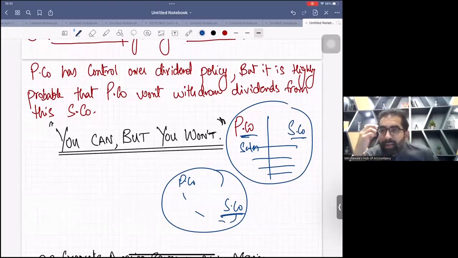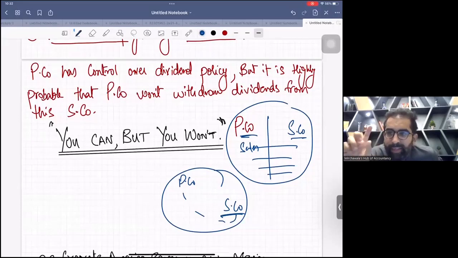Second event. Now the parent company just books the profits of S company in their own books, like normal consolidation. And we go to the tax department. The tax department will say, no, no, no, we don't want to charge any tax now. But if you withdraw these profits in future in the form of dividends from S company, then yes, we'll charge tax from you.